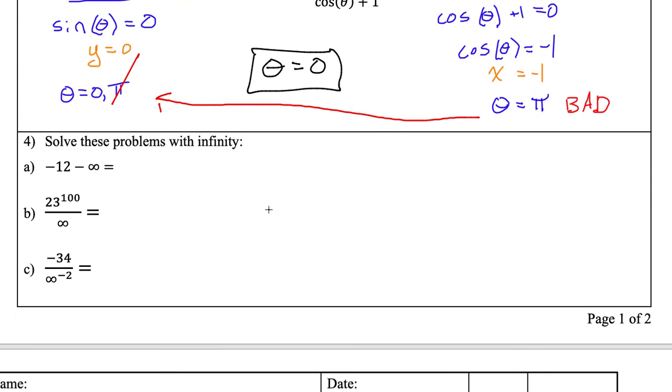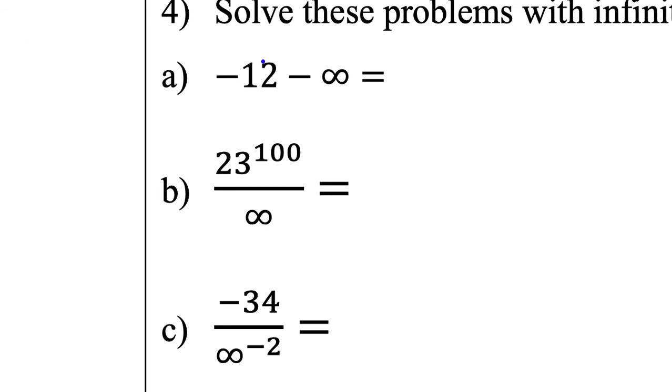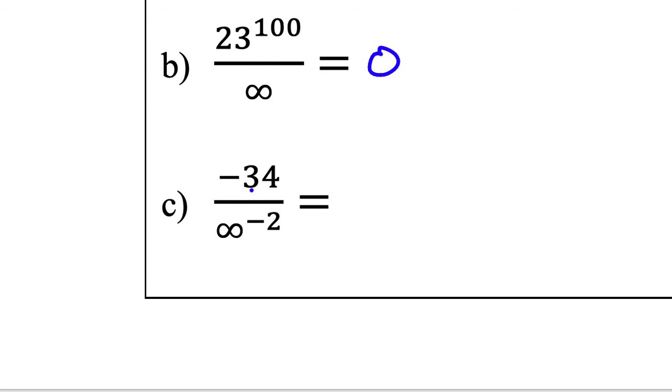All right, and then number 4, finally dealing with infinities. So whenever I have any number, it doesn't matter what this number is, but some number minus infinity, that is negative infinity. And again, any number, even if that number is really big, any number divided by infinity is always 0. And then finally, this one is a little bit tricky.